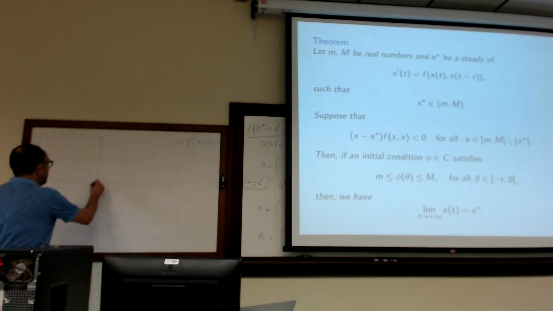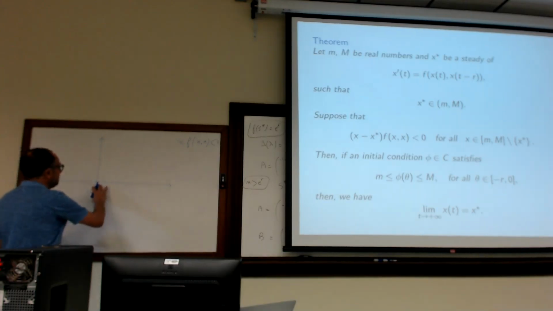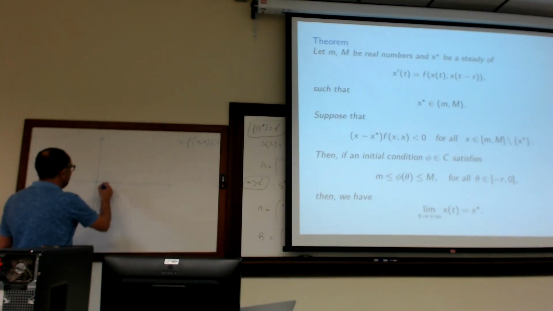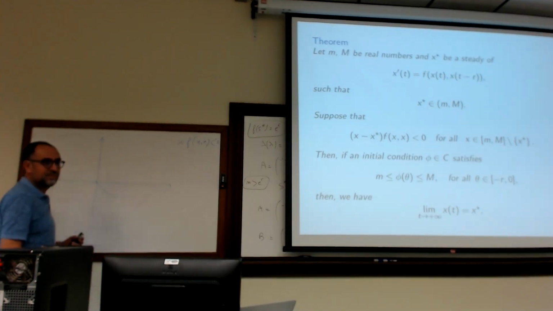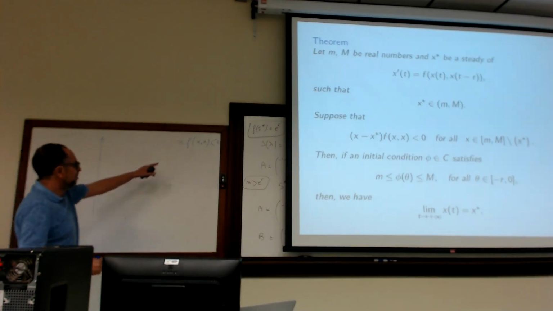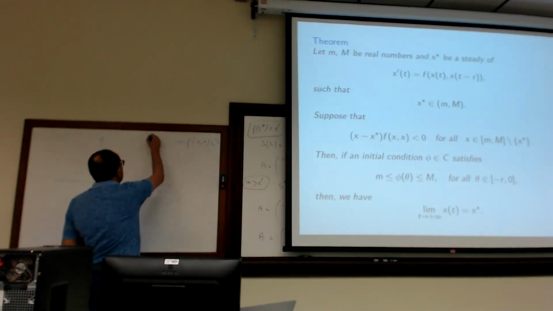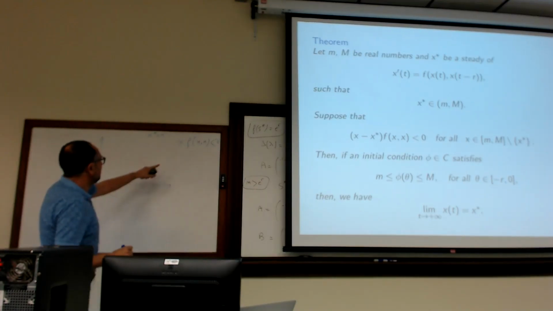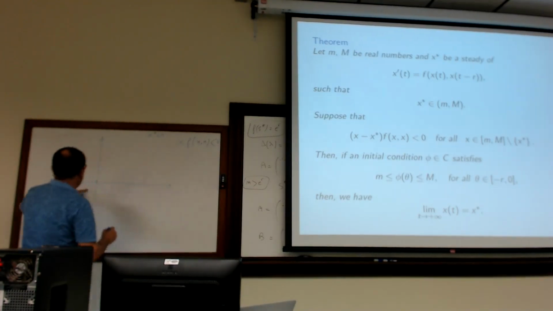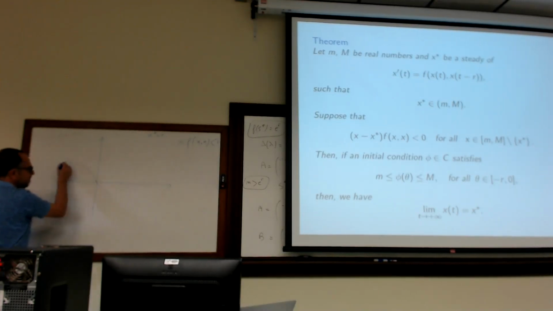If we take 0 as a steady state, that means if x is positive, f of x is negative. Because f of 0 equals 0, 0 is a steady state. I suppose that x star equals 0. And if x is negative, this has to be positive.